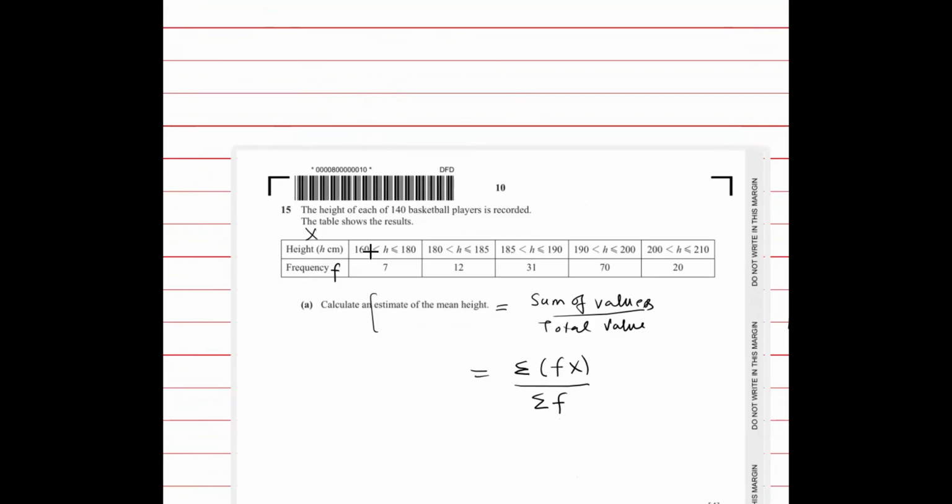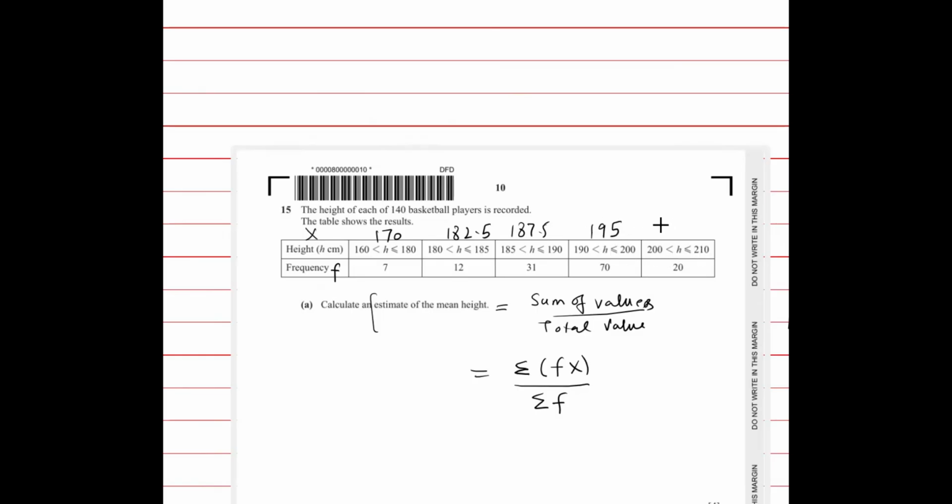The middle value of the interval we can calculate by adding the lower and upper class limits and dividing by 2. We get 160 plus 180 divided by 2. This is 170. Middle value is 170. Next, the middle value between 180 and 185 is 182.5. And the next is 187.5. And next is 190 to 200, this is 195.